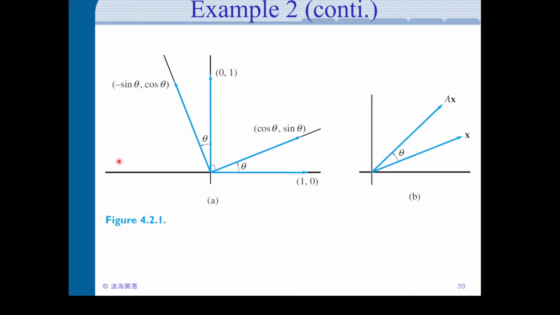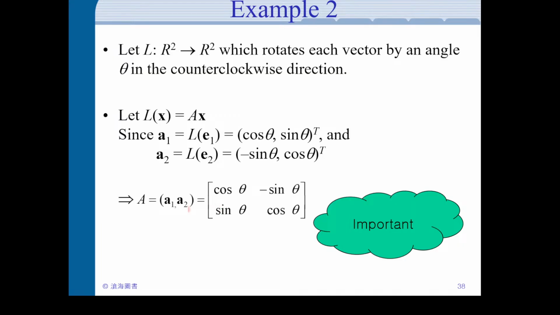So we do some trigonometry. We see that the standard basis elements get rotated to (cosine theta, sine theta) and (minus sine theta, cosine theta), and we write them into a matrix. Then we see our A is [cosine theta, minus sine theta; sine theta, cosine theta]. So this is the standard representation of rotation by angle theta.